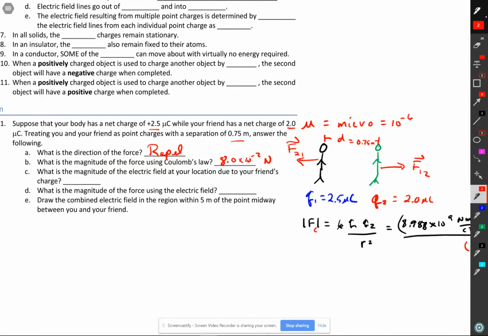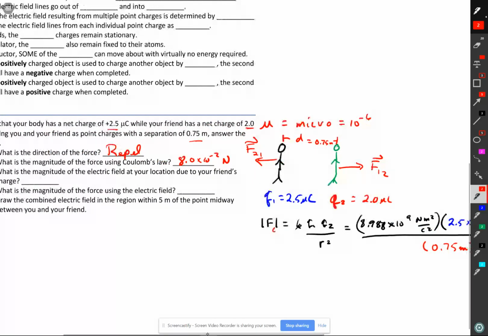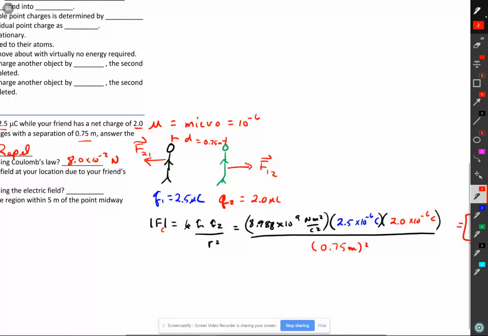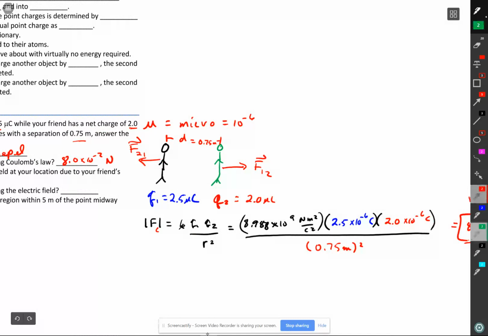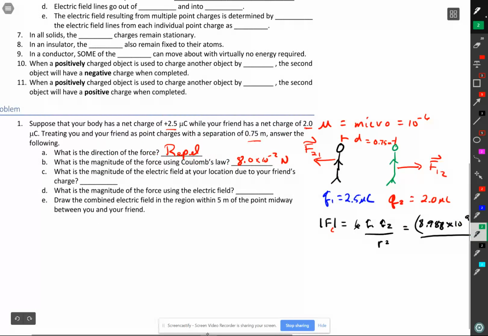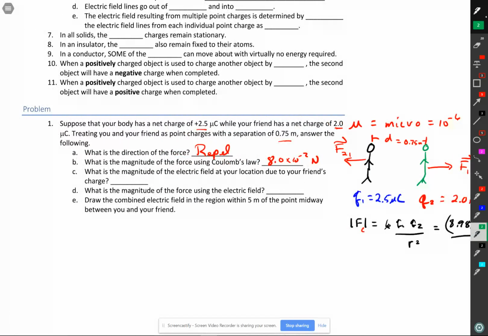Now ask, what's the electric field at your location due to your friend's charge? Well, there's really 2 ways to do this, but the way that I am going to do it here is, so this is part C. I'm going to use the electric field magnitude equation, KQ over R squared.